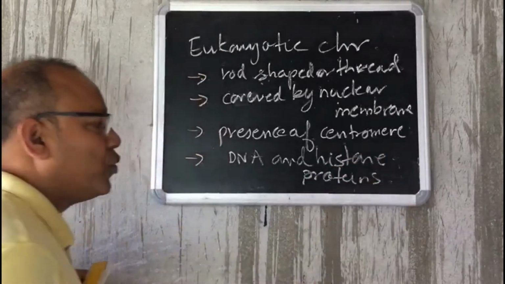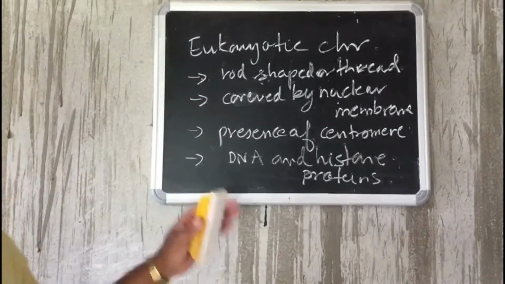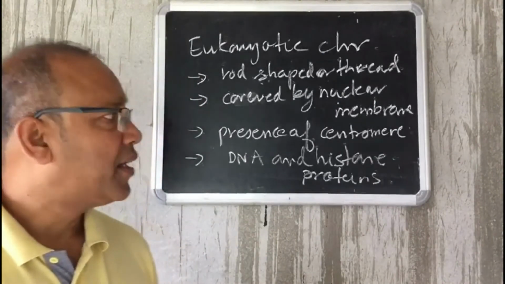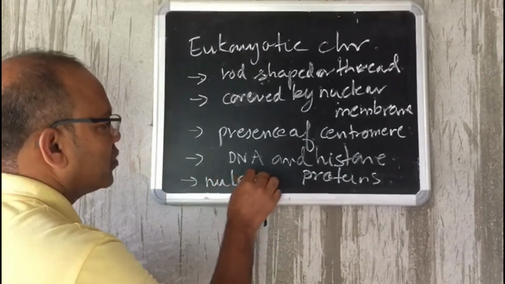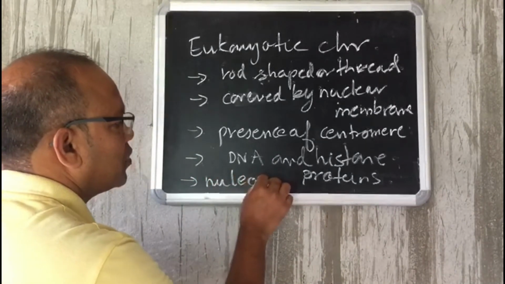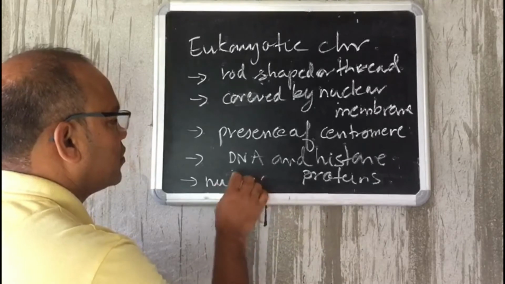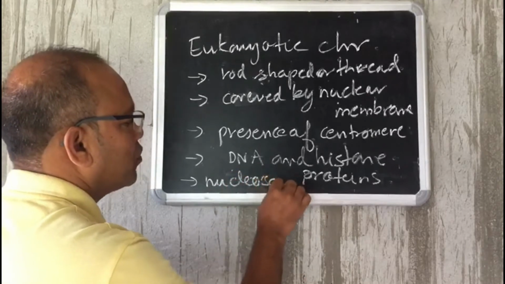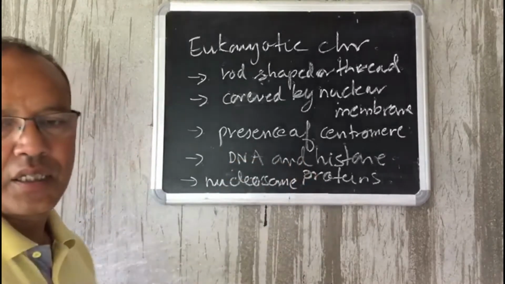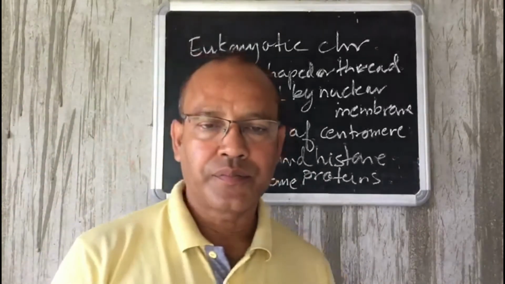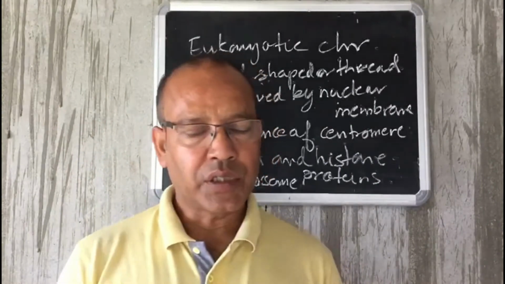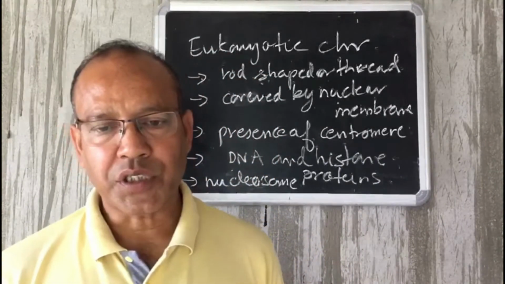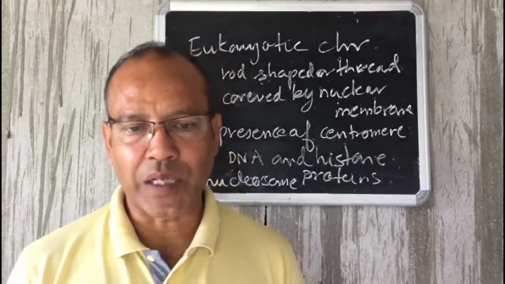Histone proteins form the core in which the DNA is bound. That is why they have nucleosome as well. Nucleosome is also present in the case of eukaryotic chromosome.